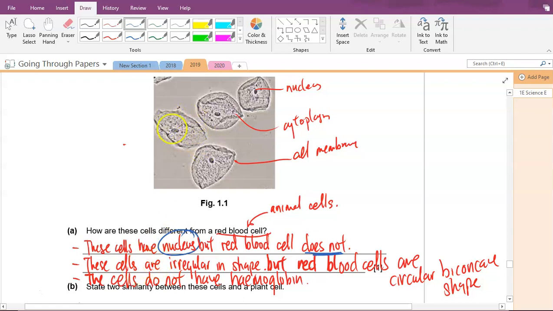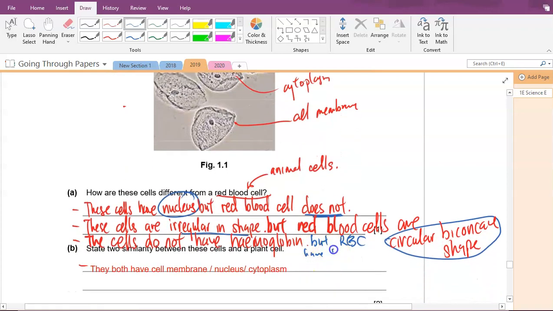Next, these cells are irregular in shape, but we know that red blood cells are actually circular biconcave shape. Last one, these cells do not have hemoglobin, but red blood cells have hemoglobin. So these are some of the differences that you can write.